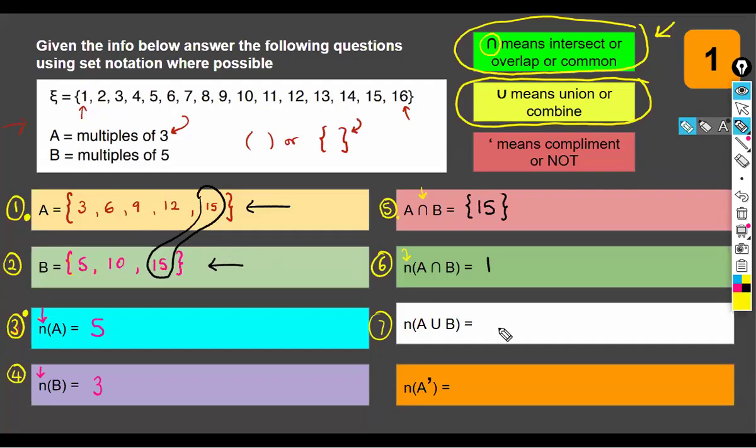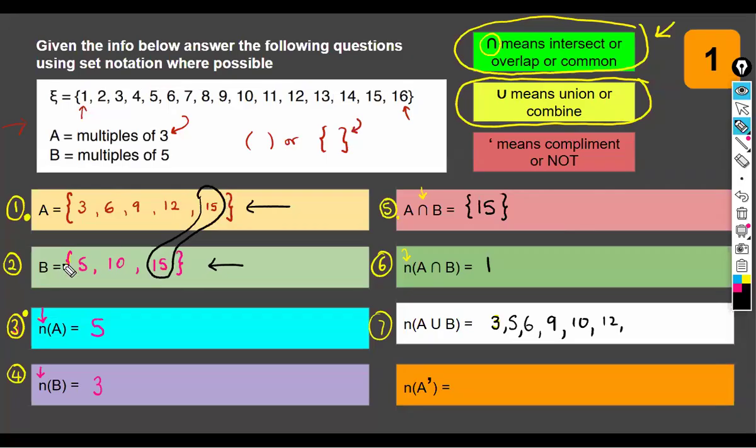We have to keep it in numerical order. So we have 3, 5, 6, 9, 10, 12. Do I have to write the 15 twice?